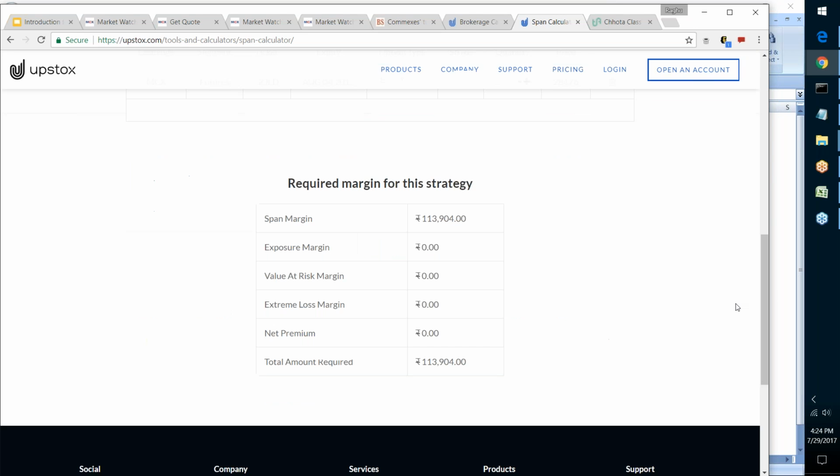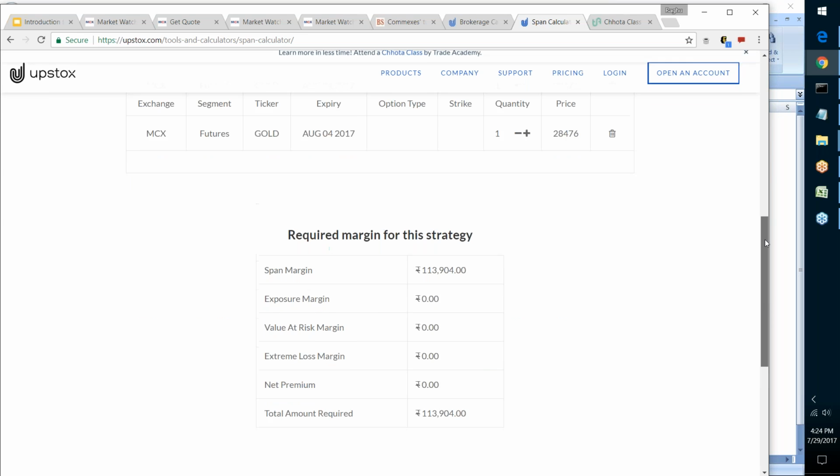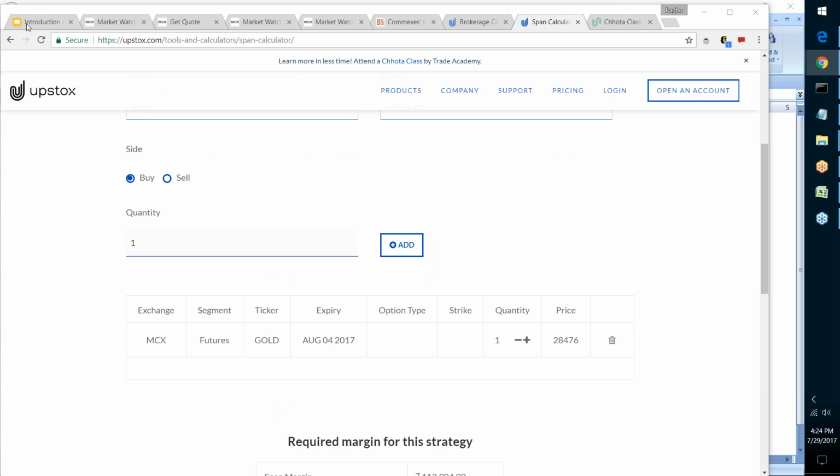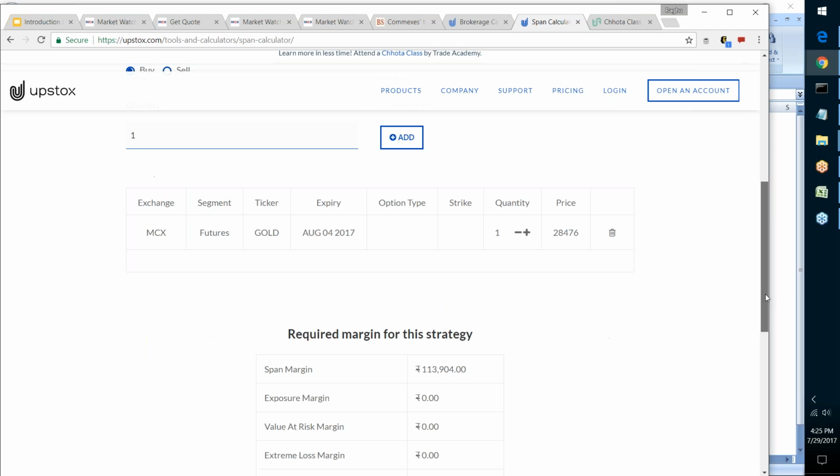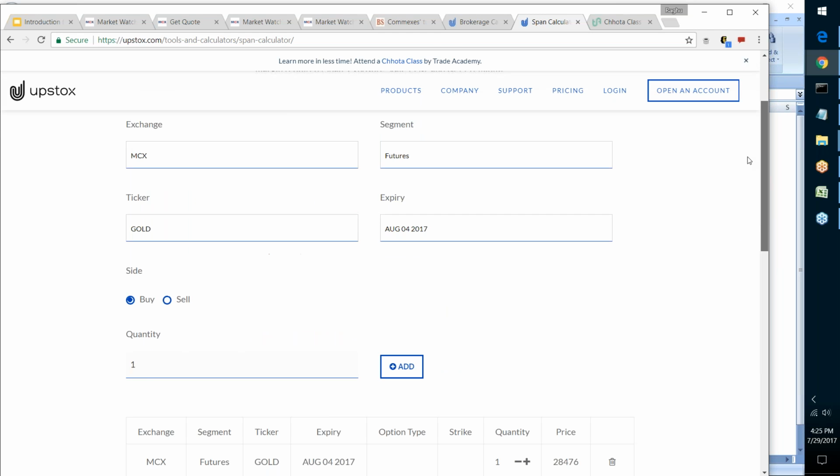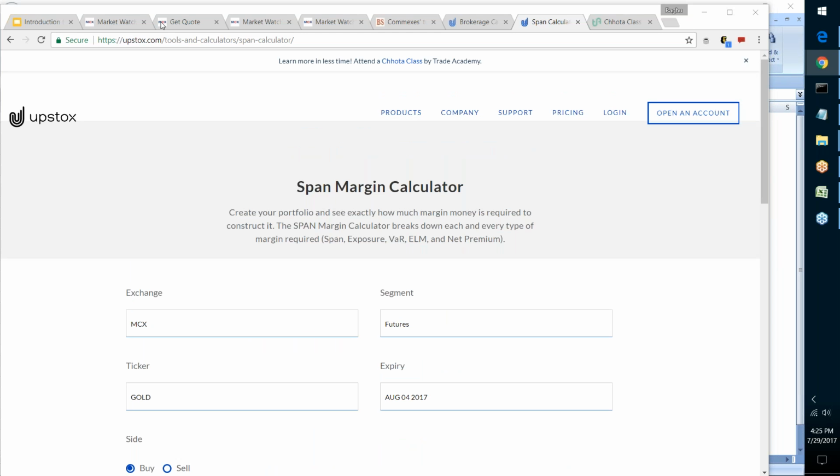Basically, 1.14 lakhs divided by that total amount comes out to around 4%. Prakash, the SPAN margin is decided by the exchange, right? It's just like how any other SPAN margin calculator works.